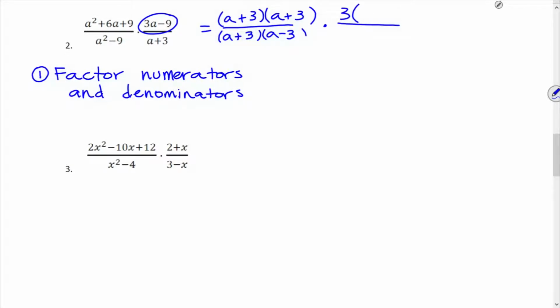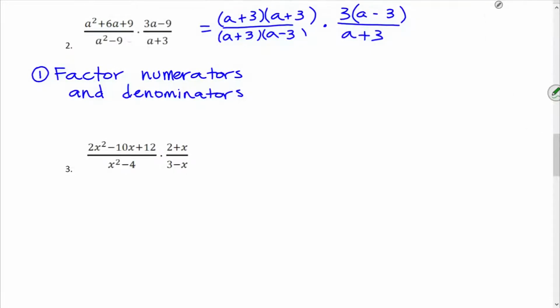So 3 times a, and 3 times what is negative 9? It's negative 3. And then at the bottom, I have a plus 3. So that is factoring numerators and denominators. Everything that I can factor, I will factor.